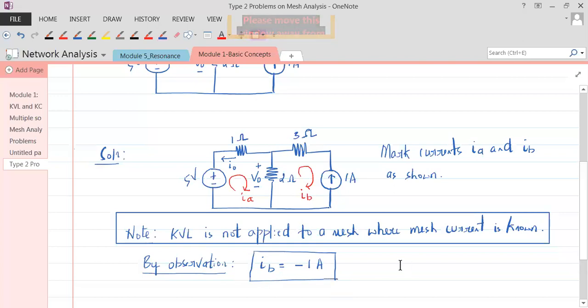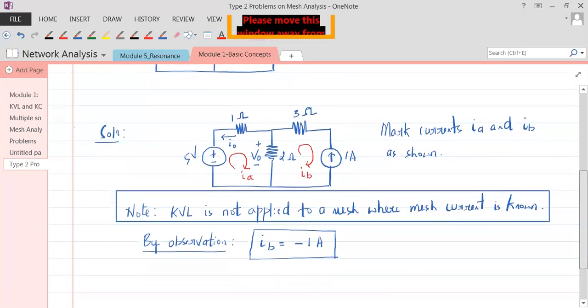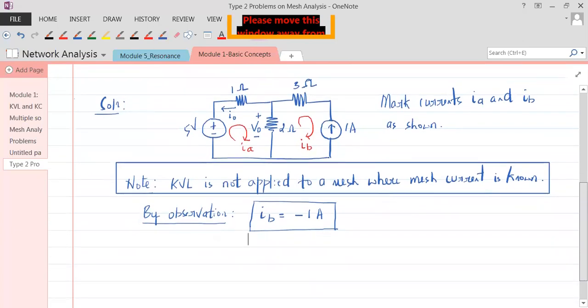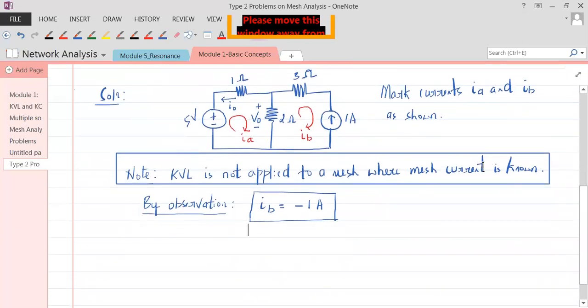Very important, what we have got now. Since we have already found out the current in mesh 2, what is it that we are not doing in mesh 2? Can anybody unmute and answer? Are we applying KVL to mesh 2? You have to answer that by looking at this particular note. It tells you that KVL is not applied to the mesh where the mesh current is known.